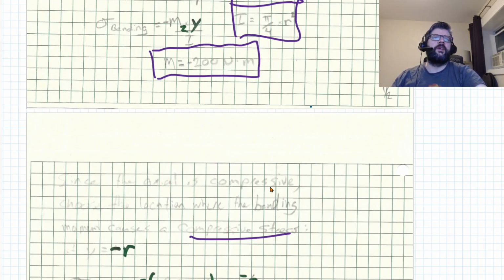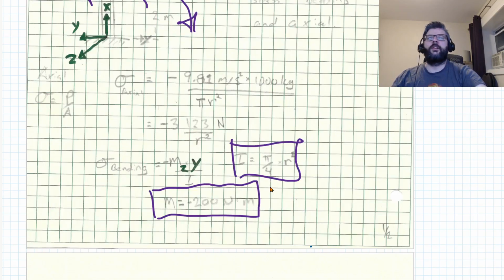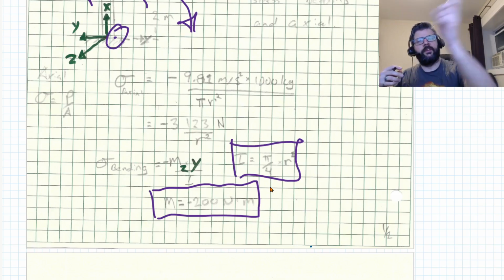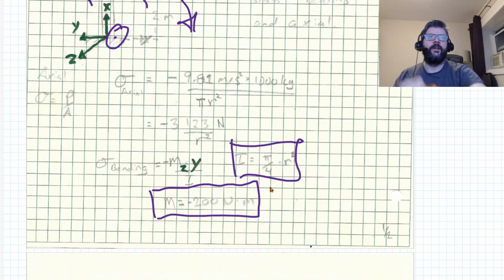On our diagram, that's going to be occurring right here at that corner, which based upon the coordinate system we chose this time around is negative r.